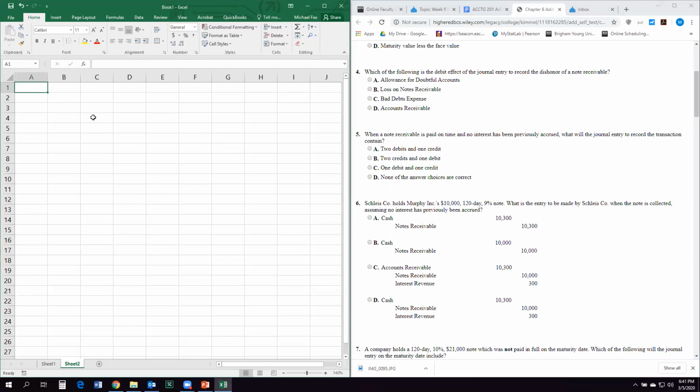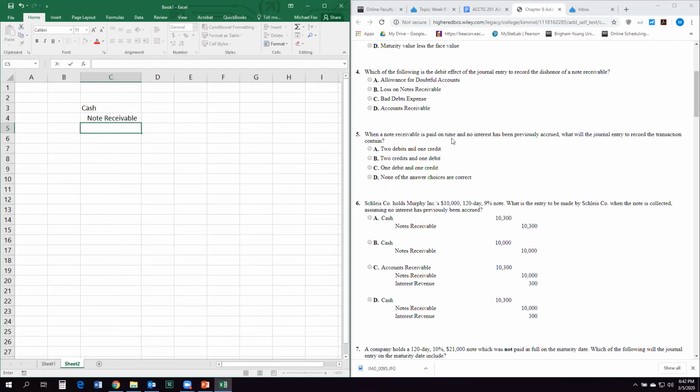So when a note receivable is paid on time, we're going to show our cash going up and our note receivable going down. And it says, so note receivable is paid on time. No interest has been previously accrued.